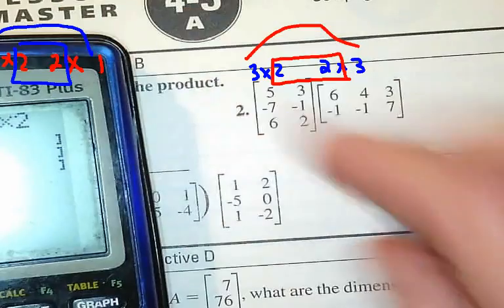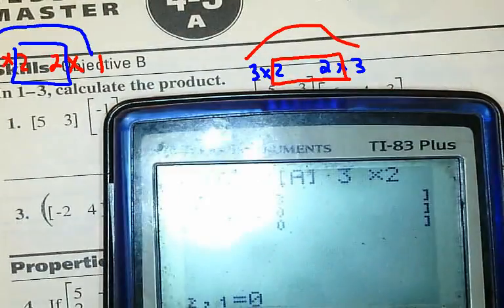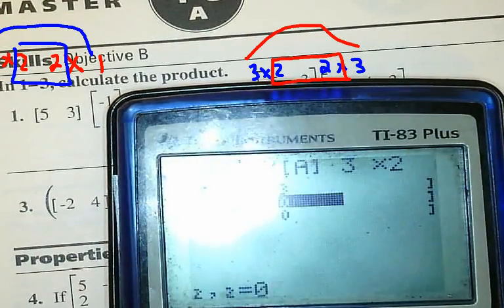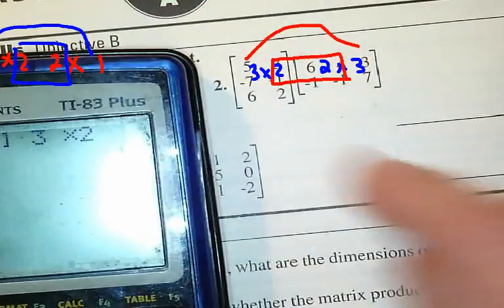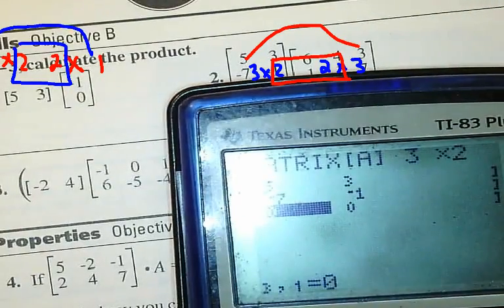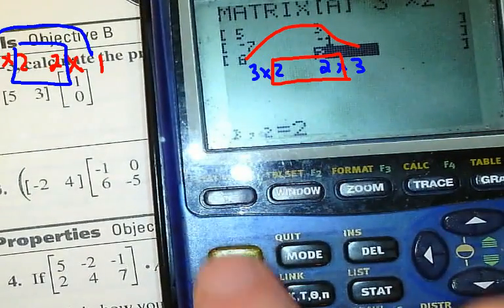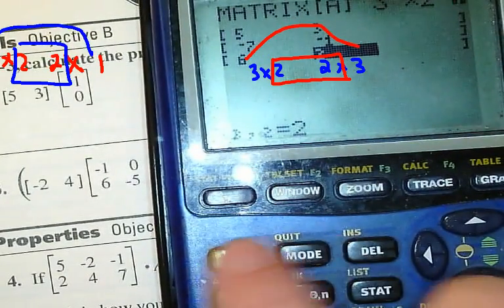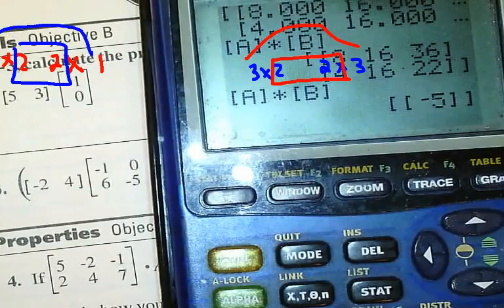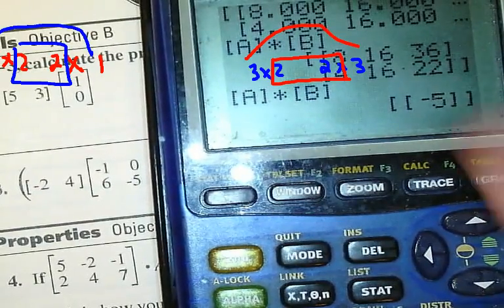And then the second row, -7, -1, and then 6, 2. And when I'm done, I do second quit, like that. The button right above mode is quit. Okay, now I've got matrix A in there, no problem.